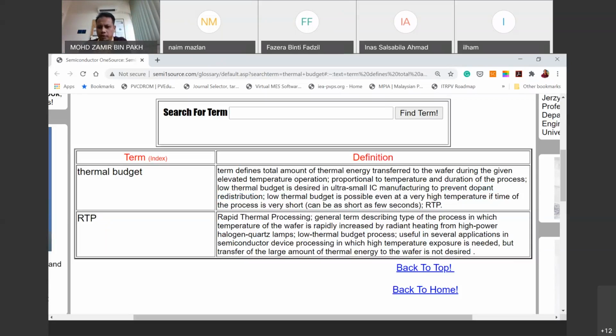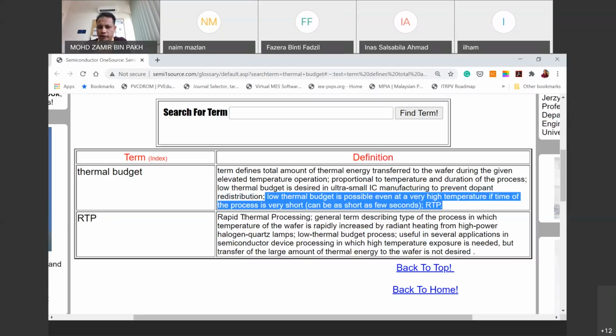Low thermal budget is possible even at a very high temperature if the time of the process is very short. So it means you can still induce high temperature, but if the time can be reduced significantly, then you will produce low thermal budget on your IC.